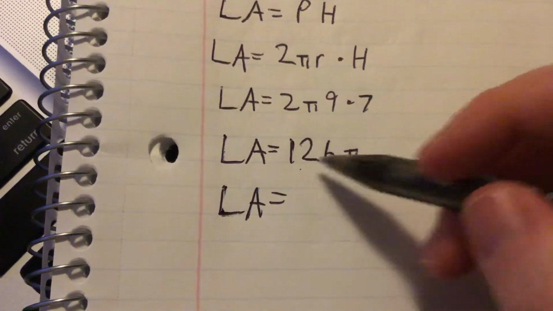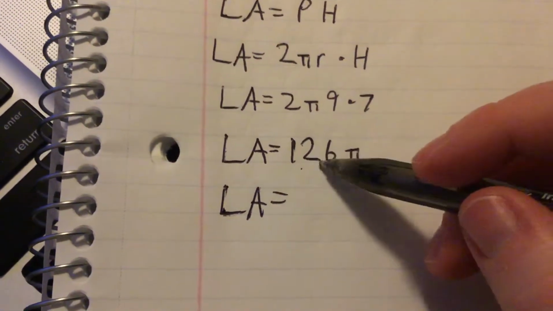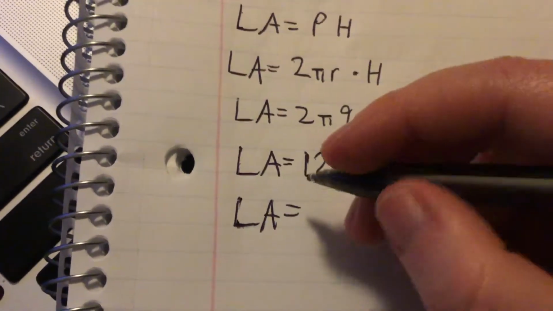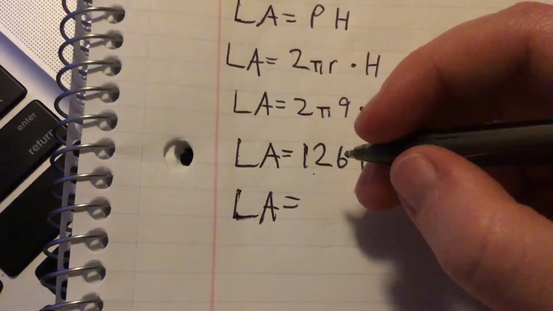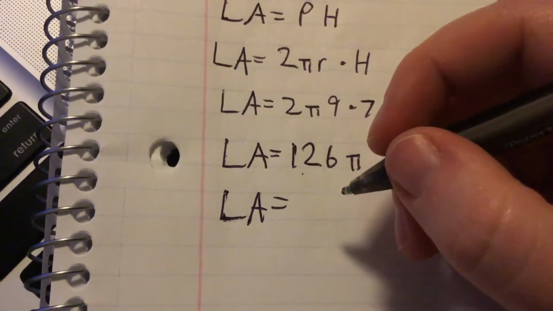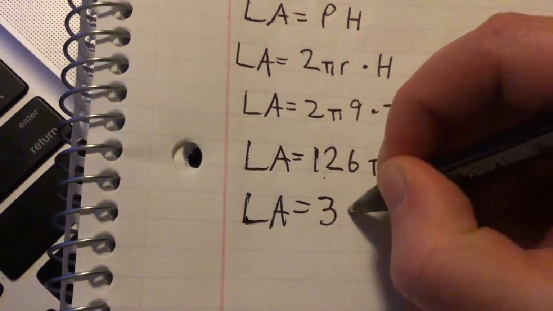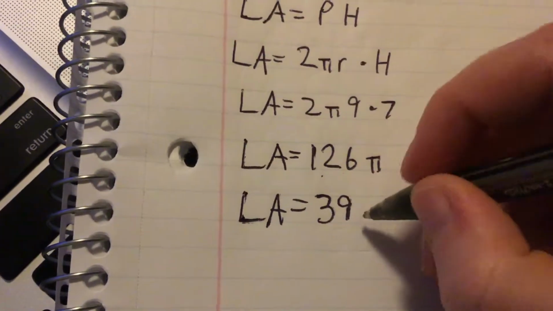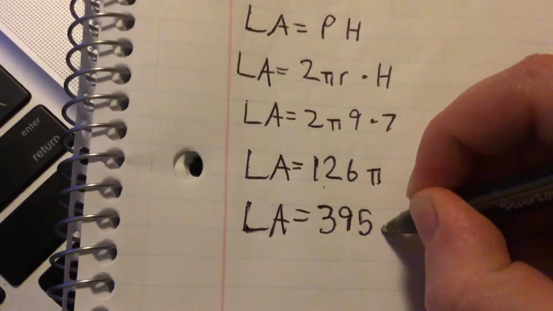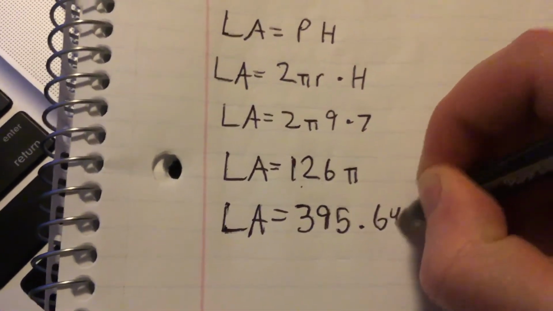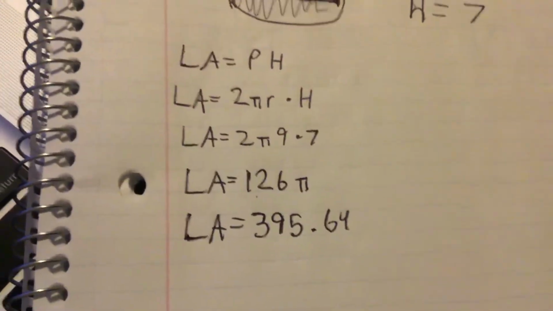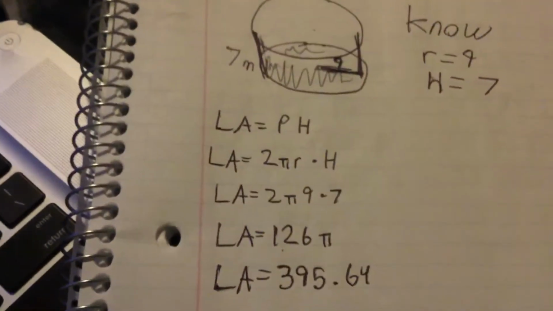You'll leave your pi, and now you're going to plug in 126 pi, or 3.14, depending on how Miss Mockerman wishes you to do that. And that'll become 395.64, because I believe we are rounding to the nearest hundredth.